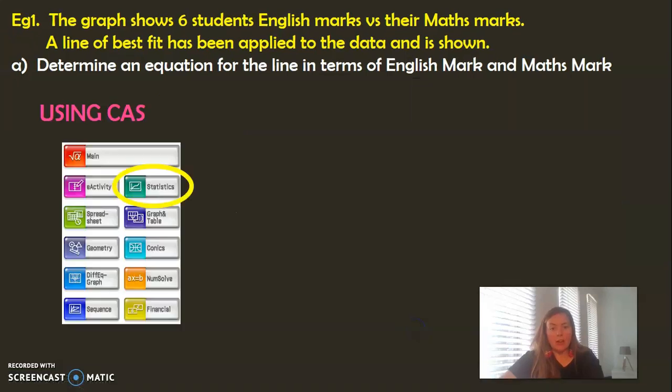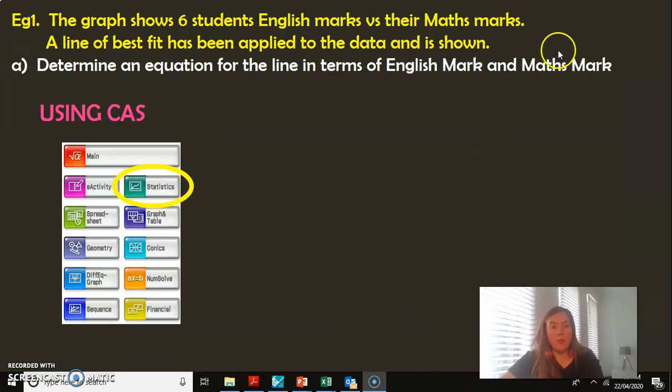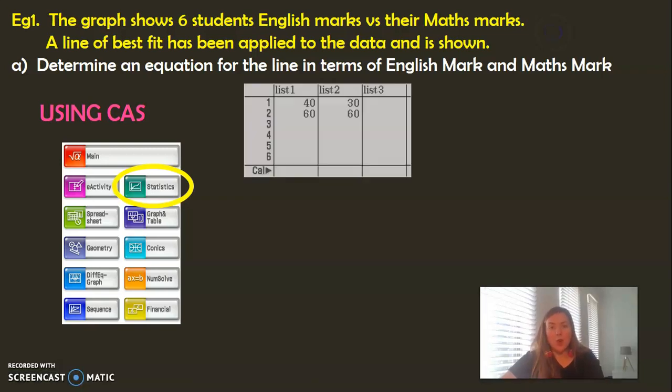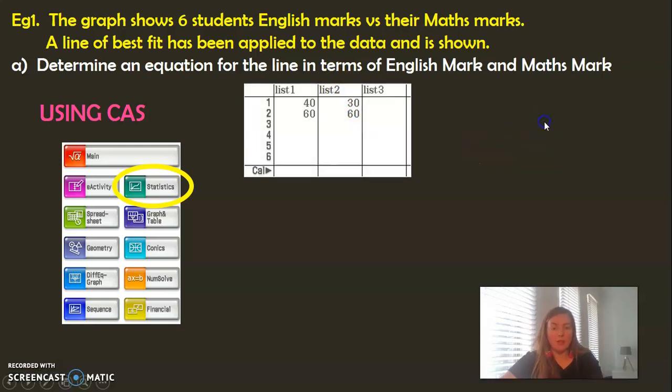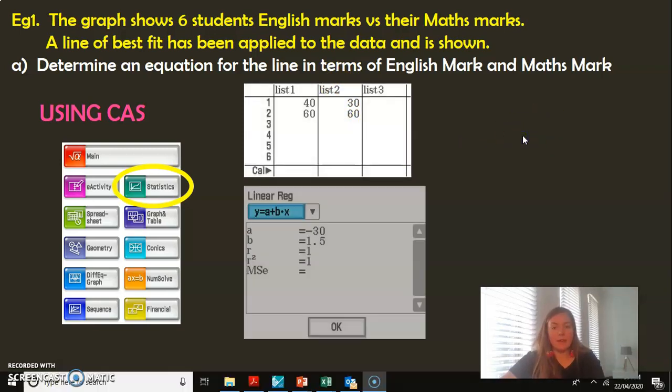We could be using our calculators to do this as well, so here is a quick reminder of how to do that. You would go to your statistics function, then insert those coordinates into the lists. List 1 is your x values and list 2 are the corresponding y values. Then we hit the buttons to get to calc, regression, linear reg.